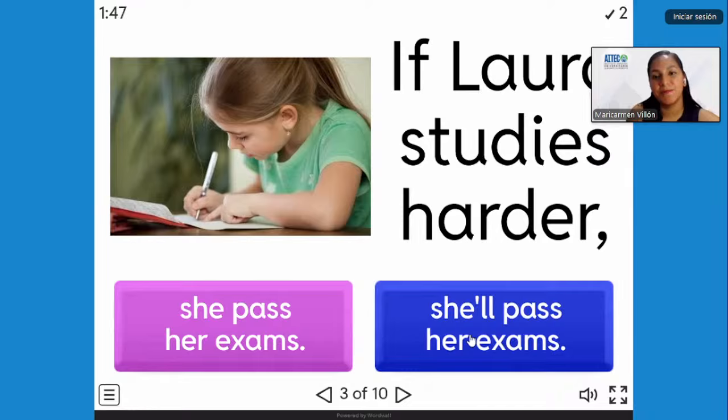Another condition. If Laura studies harder, what would be the result? Remember, in first conditional, the result is in future simple.